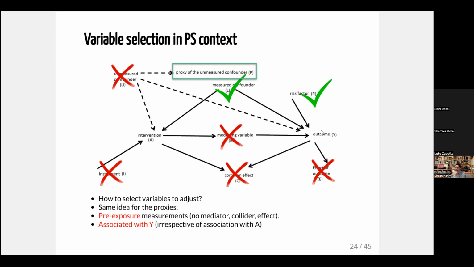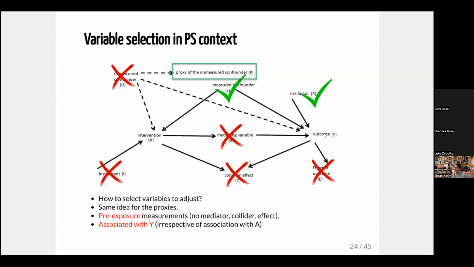But remember, by design, we are only selecting the variables or the codes that were occurring in the pre-treatment period, in the covariate assessment period that was happening before the study entry, right? So by design, we should not have any mediating variable or the collider variable or the effect of outcome variable. So if, based on the empirical covariates that we have, we simply try to find the variables that are associated with the outcome, that might do the trick.